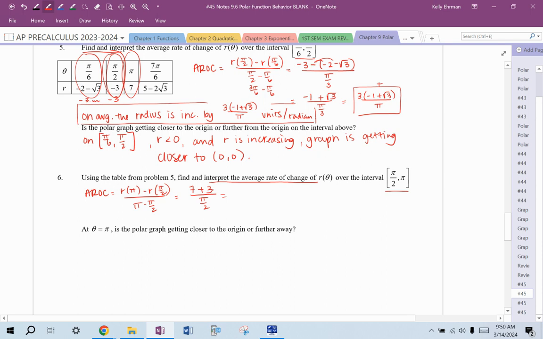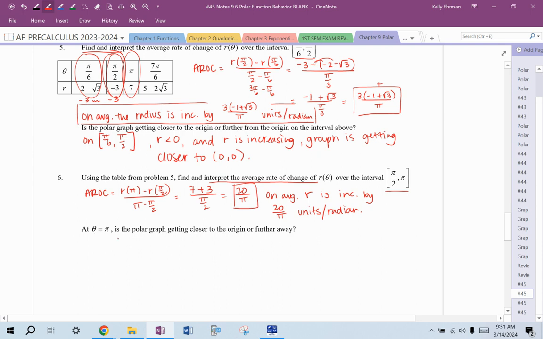Again, simplify this. It's not 10 over pi over 2, it's 20 over pi. 10 times 2 over pi. So there's the average rate of change. Interpret that. So on average, r, I'll just say r this time, or the radius, this is positive, so increasing by 20 over pi units per radian on this interval.